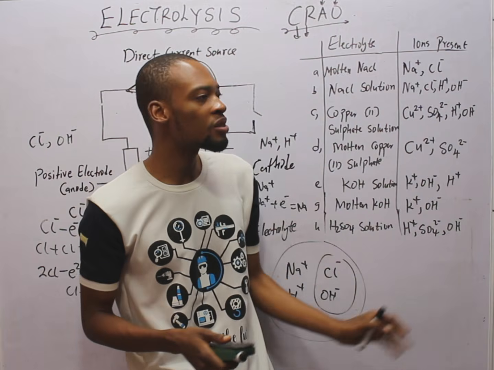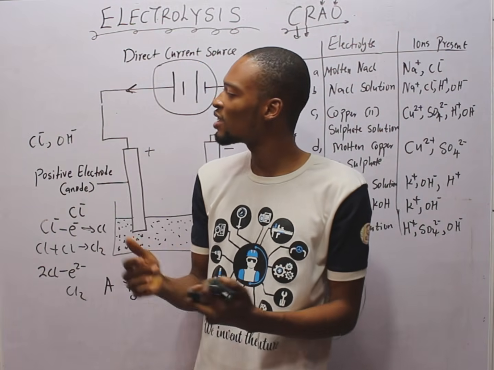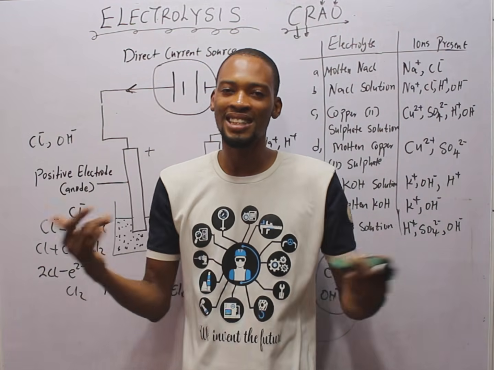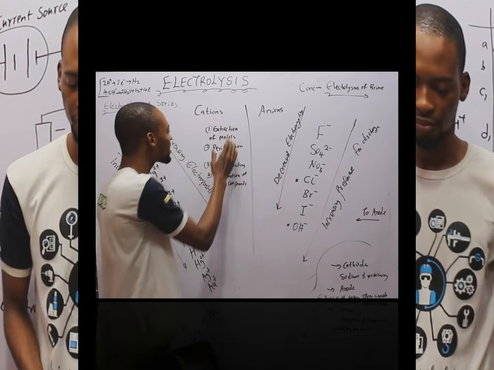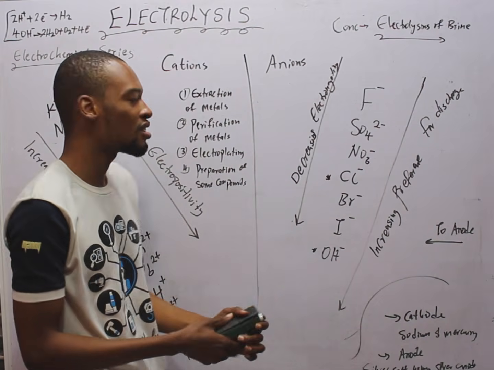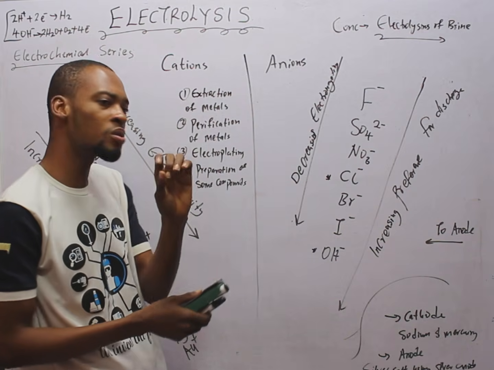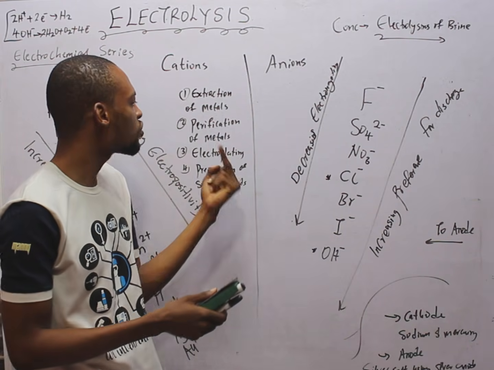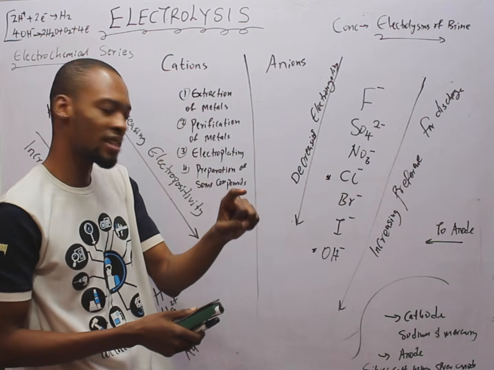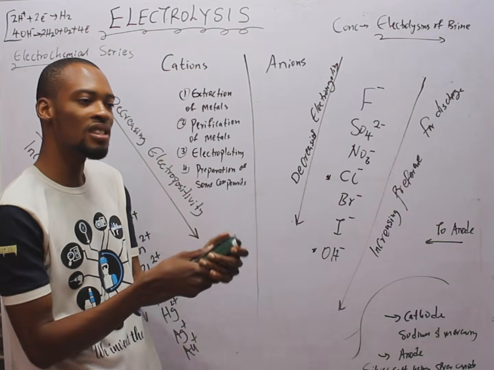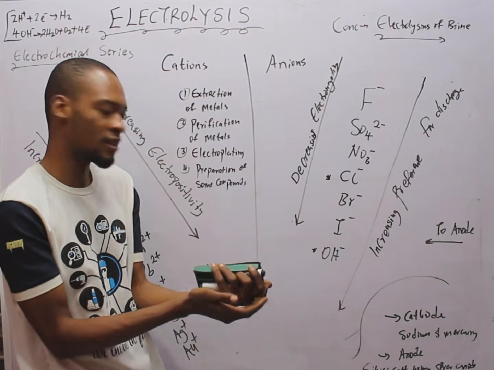So this brings us to the next topic, electrochemical series, activity series. These are the industrial applications of electrolysis. The first one is extraction of metals. Two, purification of metals. Three, electroplating to plate materials.